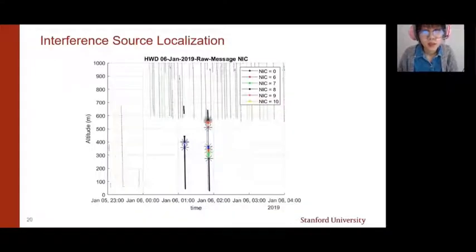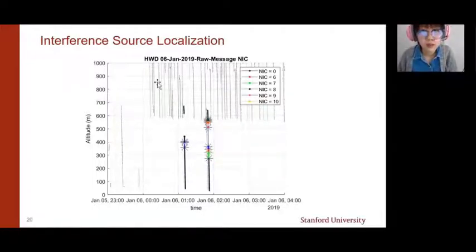So here I'm showing a time versus altitude plot for all flights flying on January 6th, 2019 at Hayward Airport. And as you can see, each line represents one flight path from one aircraft. They were plotted as dots because each dot represents one position message we received.